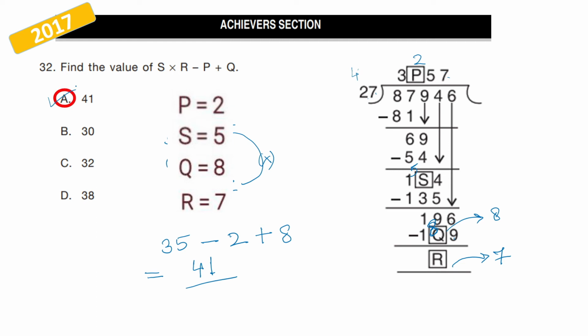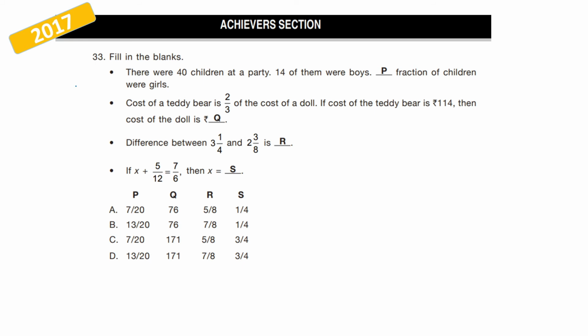Let's go to our next question and solve this. Fill in the blanks. Here there are a few statements given. Solve each one of them and choose the right answer.